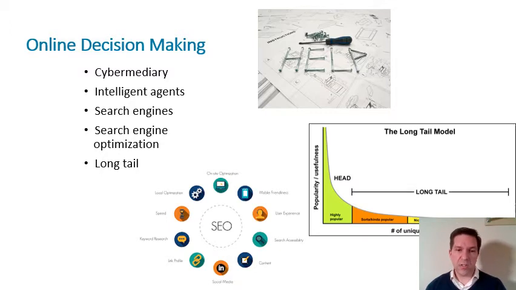Okay, the technology that underlies a lot of these cybermediaries is this idea of intelligent agents. You will also hear about artificial intelligence, which is the basic math that goes underneath these intelligent agents to basically search and find that information. Essentially, this is, if you know anything about regression, which is a statistical technique that maybe you've actually been exposed to.